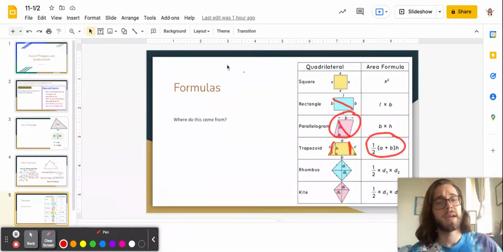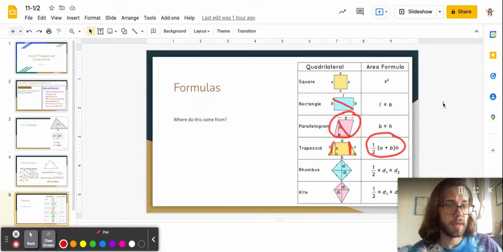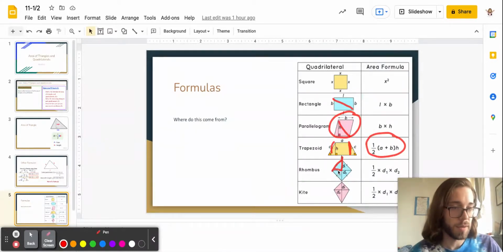And then the rhombus and the kite actually have the same formula. Their formula is 1/2 times the diagonals multiplied. Again, this comes directly from making 4 triangles. This part is half of diagonal 2, and this is half of diagonal 1.